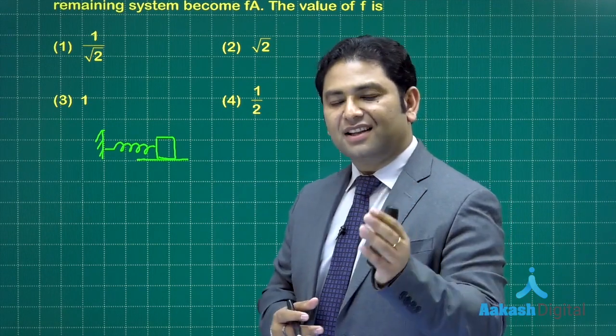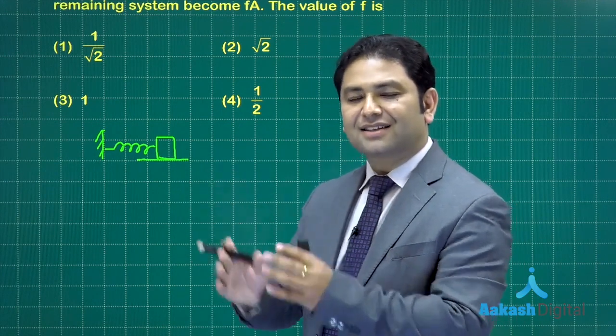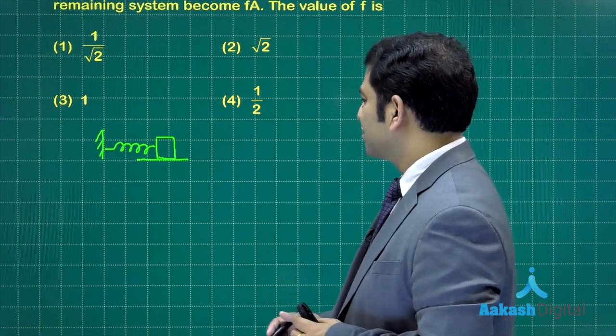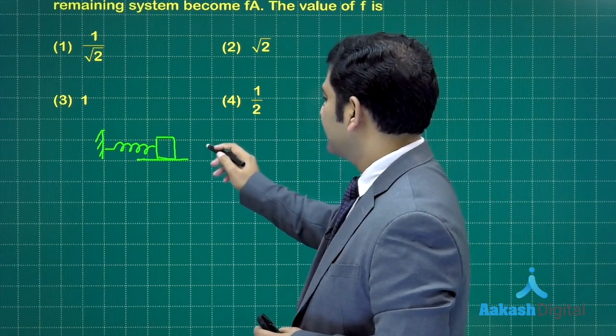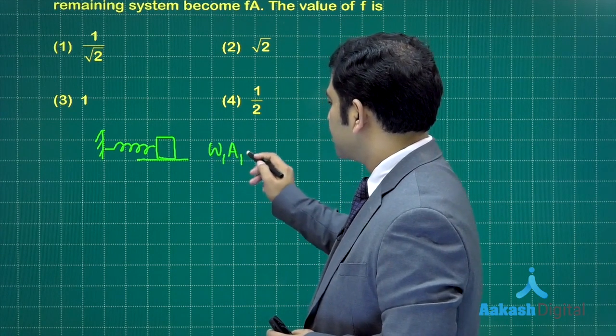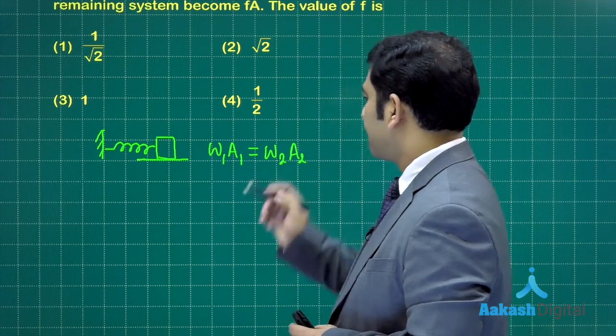So this means the velocity of the remaining part will not change at that position of equilibrium. So if that's a condition, what we can say is that velocity at the mean position is omega times A. So in the first condition, that's the case. In the second condition, that will be the case.